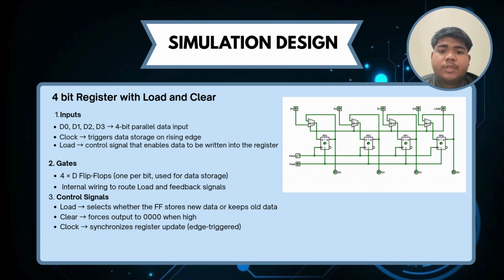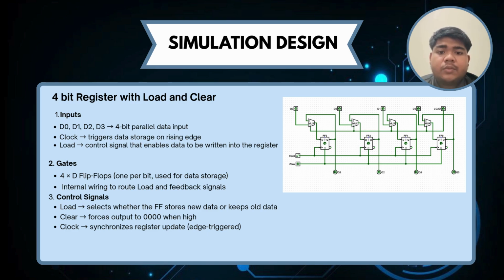Next, simulation design for the 4-bit register with load and clear. The 4-bit register is built using 4 data inputs, D0 to D3, which provide the parallel data, along with a clock signal that controls when the value is stored, and a load signal that determines whether the register should accept new data or keep the previous data.